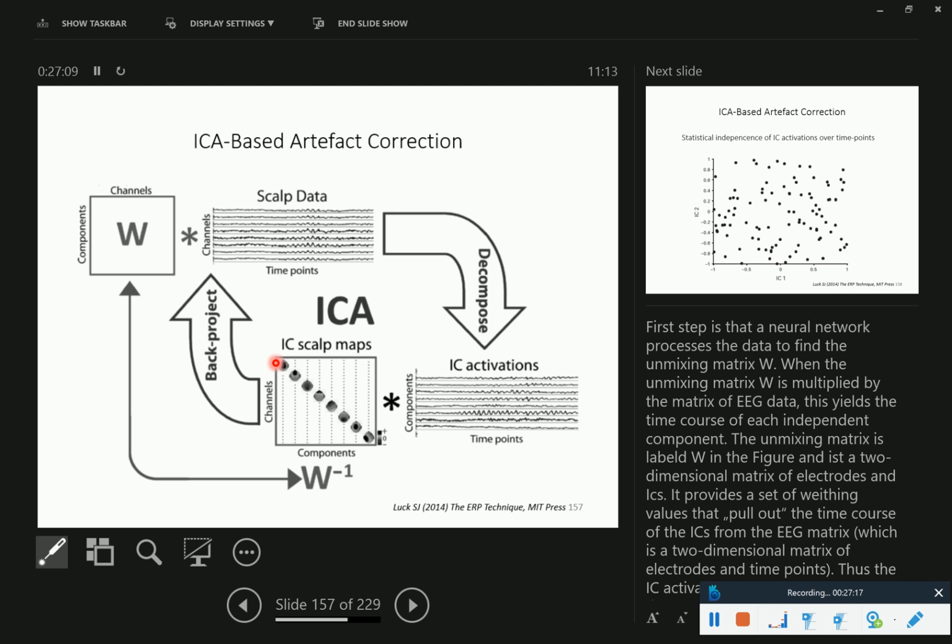If you do this matrix multiplication, you need to go over components and weight your components, but you can also look at the channel dimension. If you look at a column of this channel dimension, then for each channel you have a weight. So for each channel you have a number, and then you can associate these channel weights or plot them on a topography. I think we will see larger ones, they are a little bit small.